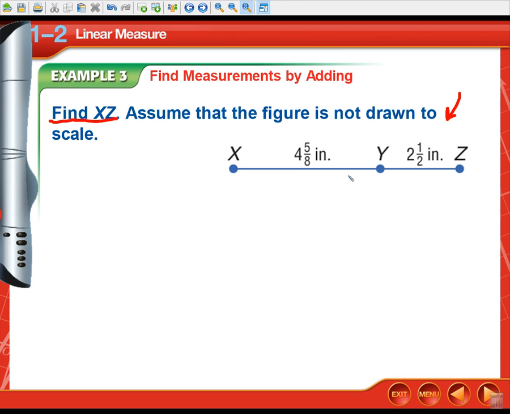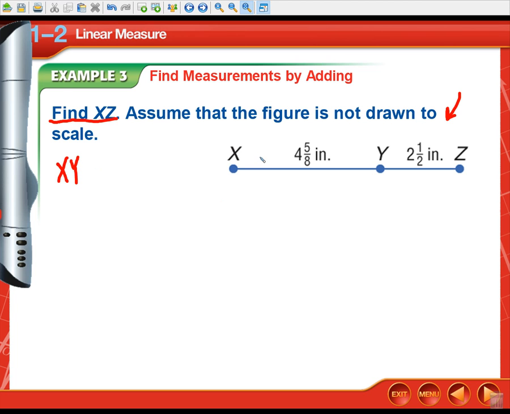So first thing we want to do here is we actually don't want to include any of the numbers yet. I want to focus solely on our line segments. I want to know what plus what equals what. It looks like our full segment here is XZ. So I'm going to talk just a little bit about this XY first.